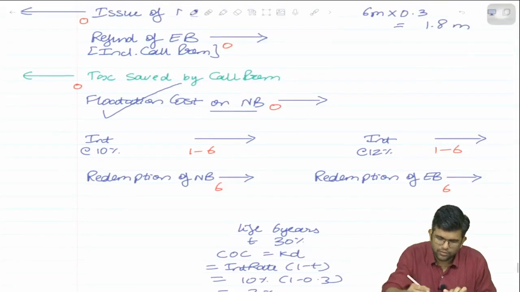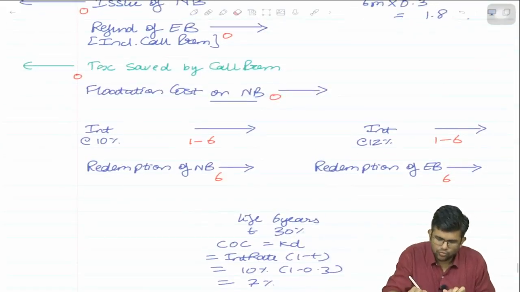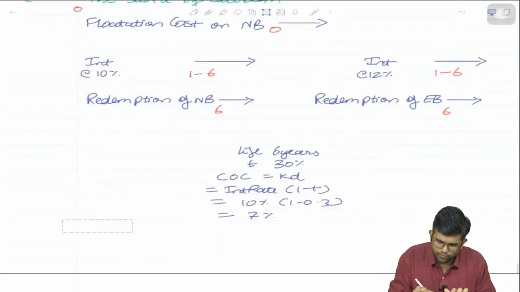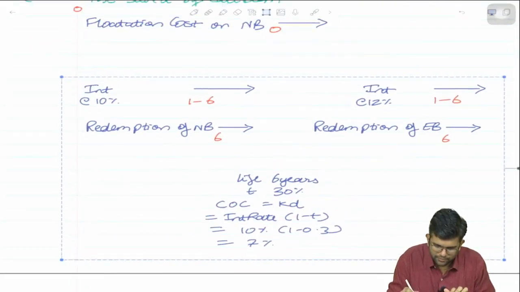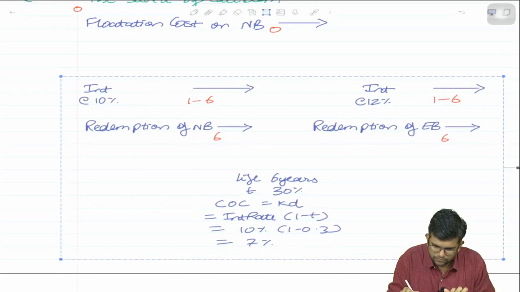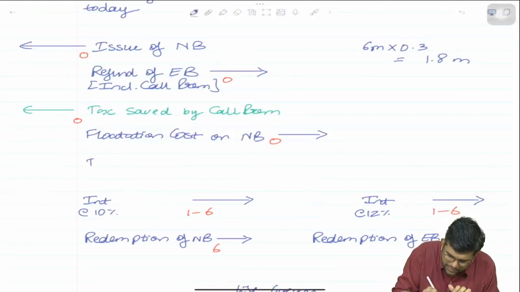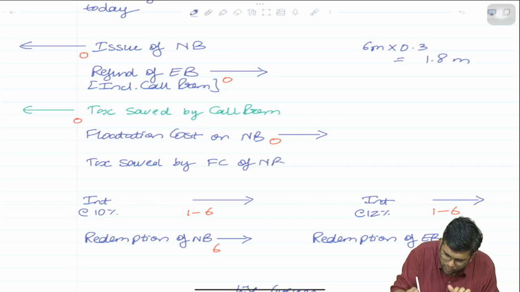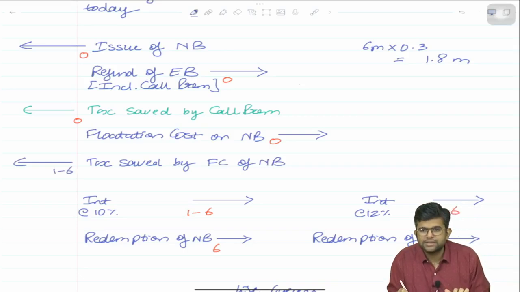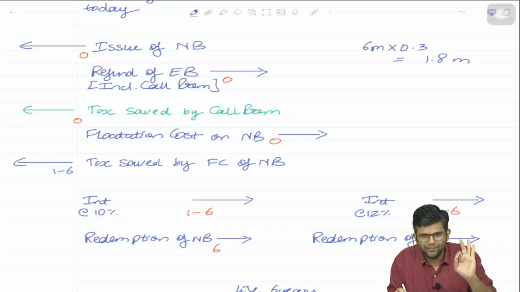So what I will do is, I will have to pull this down further. And I will say tax saved by flotation cost of new bond inflow. Can I say 1 to 6? Everyone clear? 1 to 6? Others? Ready? 1 to, everyone clear till here?